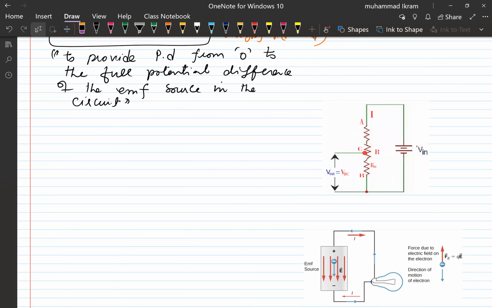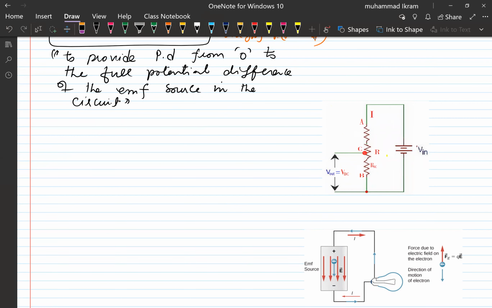Now let us see how this happens. Let us consider a circuit. In the circuit, this portion acts like the rheostat.